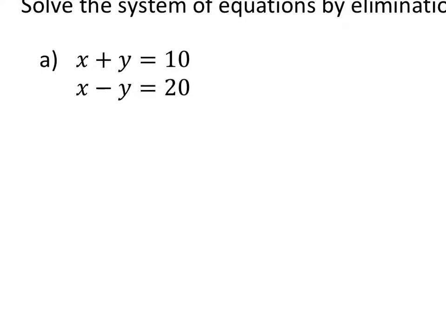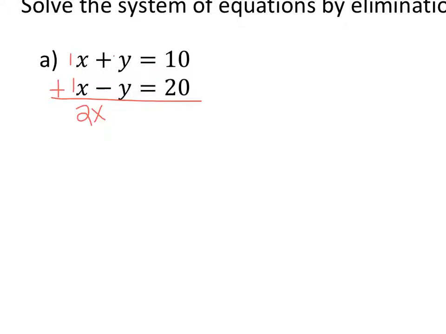So basically what I'm going to do, you first need to also make sure that your x's are lined up, your y's are lined up, your equal signs, and your constants are lined up. All we are going to do is simply add them. So we have 1x plus 1x, which equals 2x.